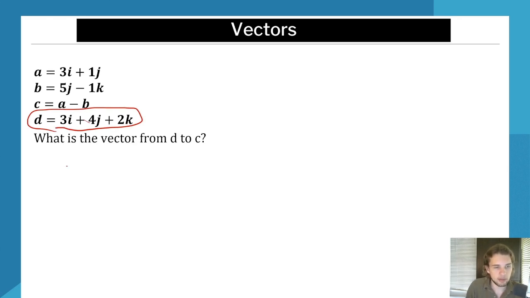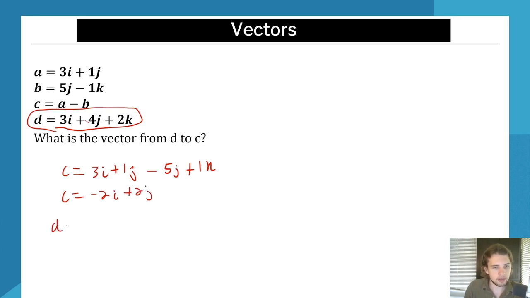First we'll figure out what C is. So C is equal to A, 3i plus 1j, and that's minus B, so that's minus 5j minus 1k, or plus 1k, because we're flipping the sign. So C is equal to minus 2i plus 2j.